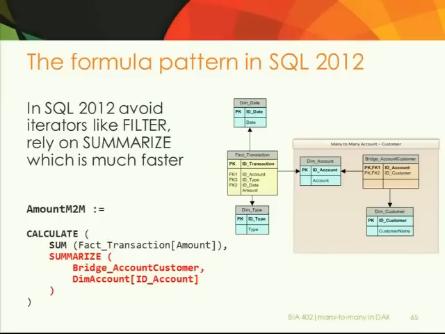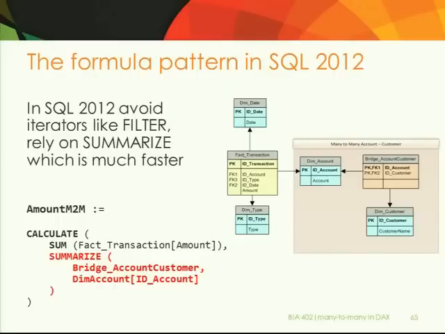The pattern to use in SQL 2012 is this one, which is different from the one I have shown you before. They do exactly the same calculation, but I feel this is much harder to understand. It took me several minutes before I got that this CALCULATE computes exactly the same formula as the one I have done with FILTER over the table.